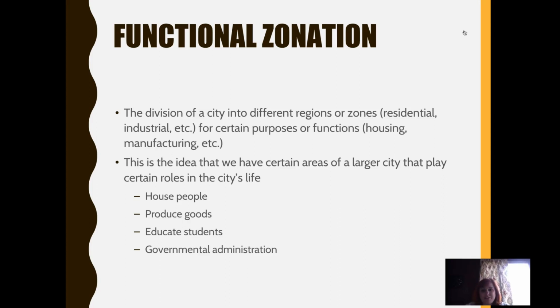It's easier to educate students because it's easier to divide up school zones. It'd be really difficult to divide up school zones if there were houses scattered every which way. And it's much easier for governments to function, especially city and local or municipal governments.